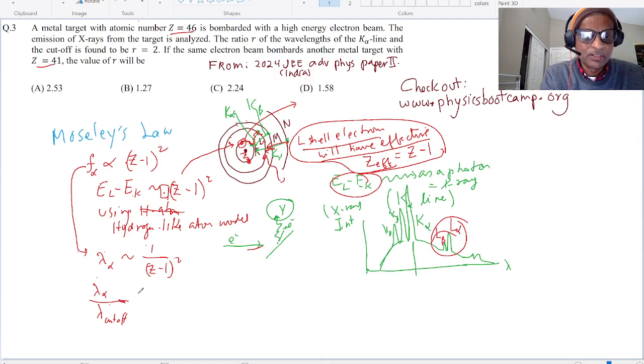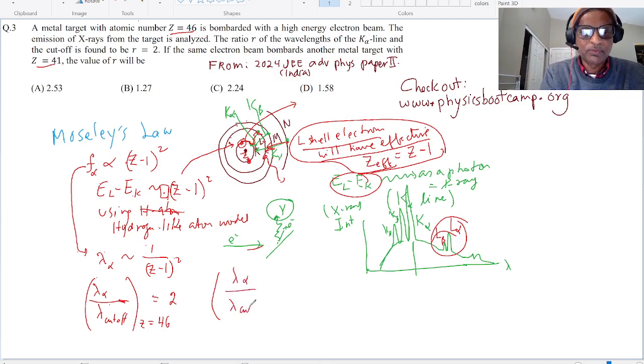So lambda alpha over lambda cutoff, when Z equals 46, is said to be 2. And we're supposed to figure out lambda alpha over lambda cutoff when Z equals 41.